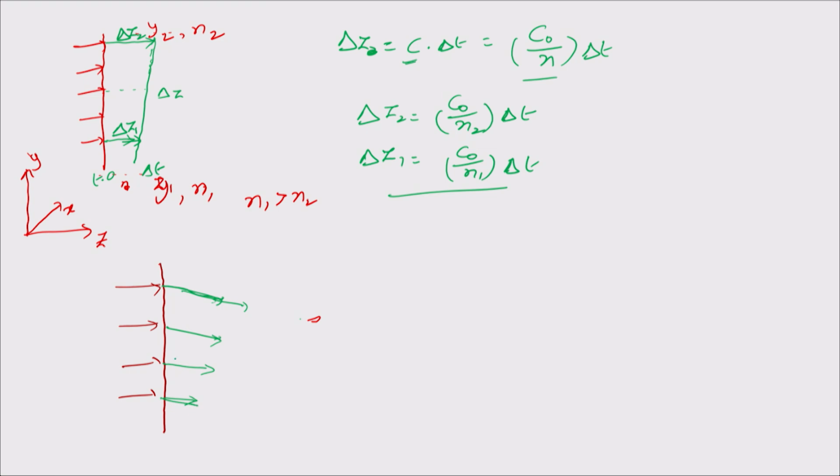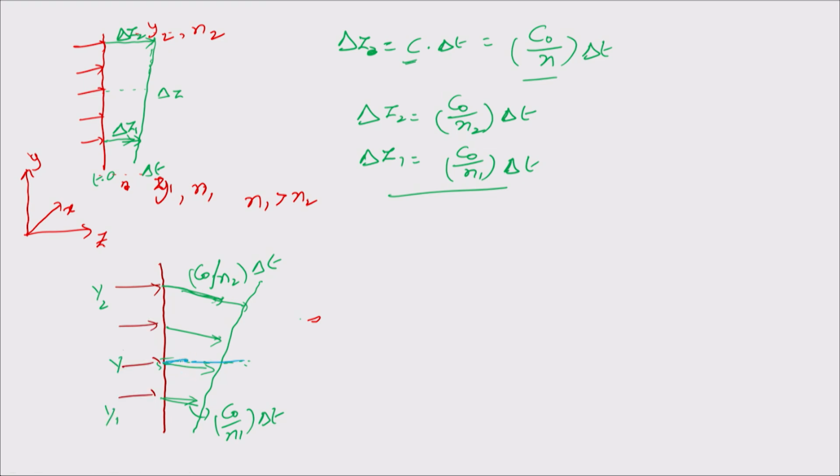So there will be an angle. If the medium was homogeneous, light would have come like this. Here I take this as some average value of y, and this as y1, this as y2. As we said, here it will be c naught by n2 into delta t. Here it will be c naught by n1 into delta t.